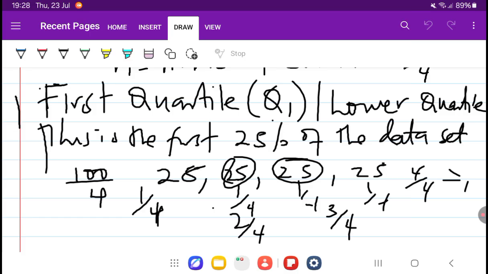But from here, we can just use the formula. We get the lower half of the data set, then get a half of that half. That gives you the position of the Q1.